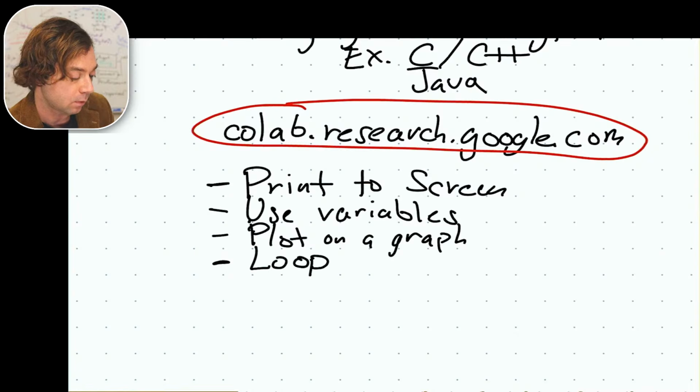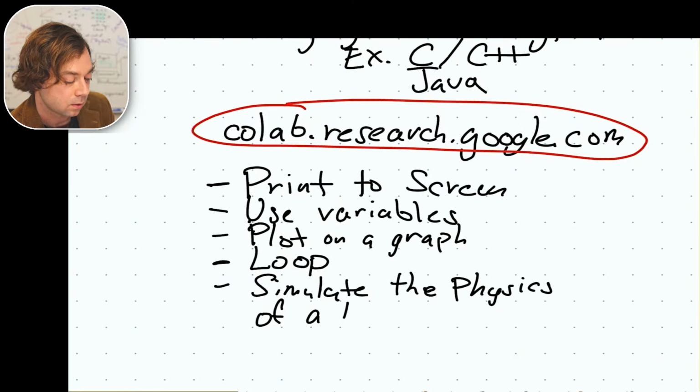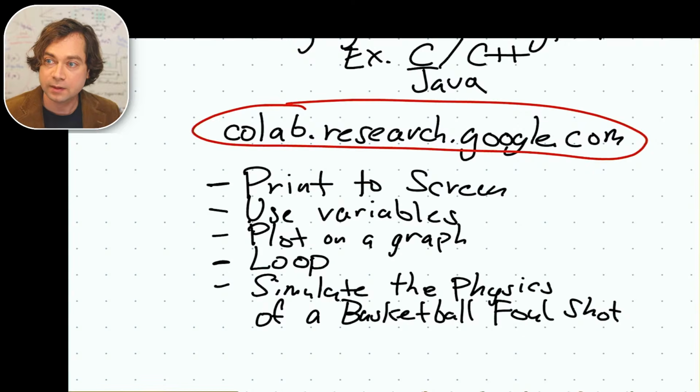We want to learn how to make a loop. And at that point, we will know everything we need to be able to simulate the physics of a basketball foul shot. And that's all you would need. That's what we're going to learn.